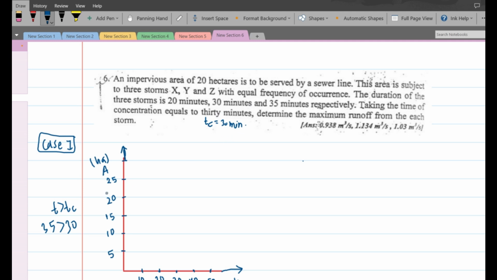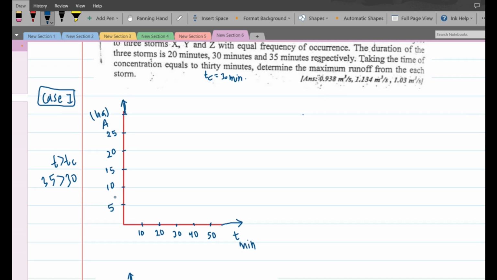In this case, since the duration of the rainfall is more than the time of concentration, the whole area will be contributing to the runoff, right? In the 30 minutes, the whole area will be contributing.